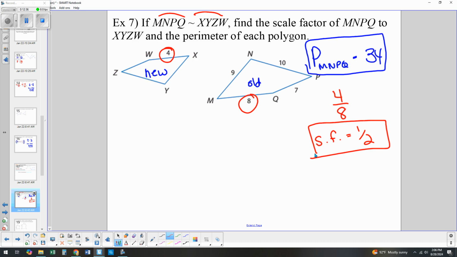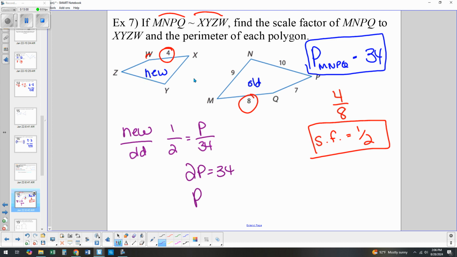So what I'm going to do now to find the perimeter of my new shape, if I know new over old was 1 over 2, the new perimeter will go over the old perimeter as P over 34. So if I cross multiply this, I'm going to call it P of XYZW, and that equals 17.